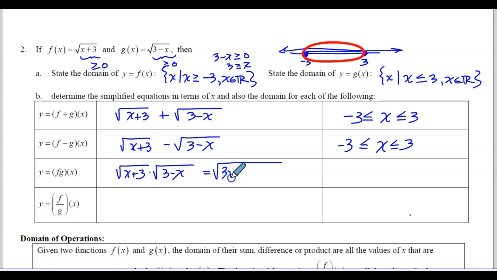That would be 3x minus x squared plus 9 minus 3x. And so that ends up giving us -x squared plus 9, or 9 minus x squared as your radicand. Not much else you can do from there.